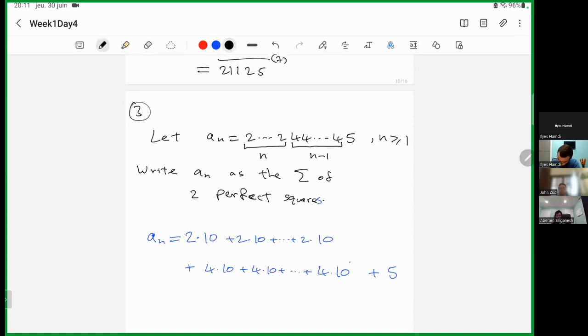This is exponent 1. And then what? It starts with 2n minus 1, I think. Because we have n of them here, n minus 1 of them here, and then 1 here. So in total, we have 2n digits.